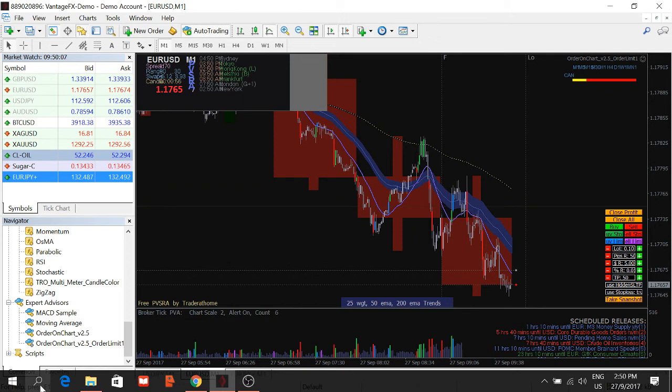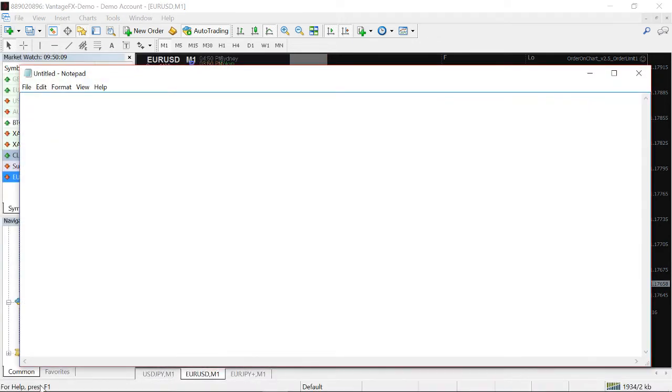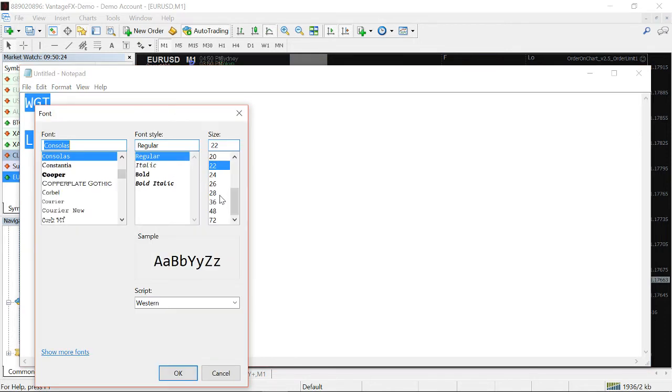What does it mean? The 25 WGT is the linear. WGT is the linear. Can you guys see this? Let's change the format. Okay, much better.